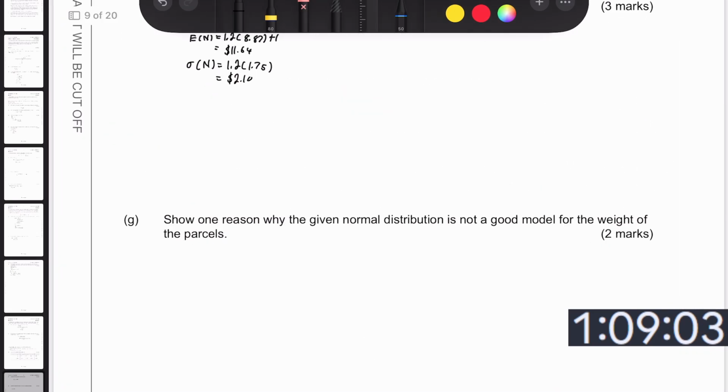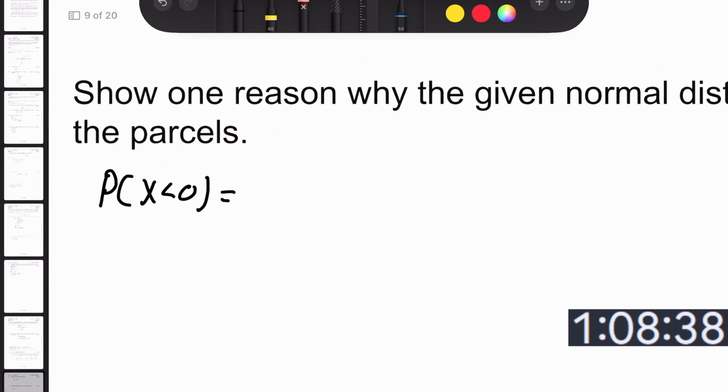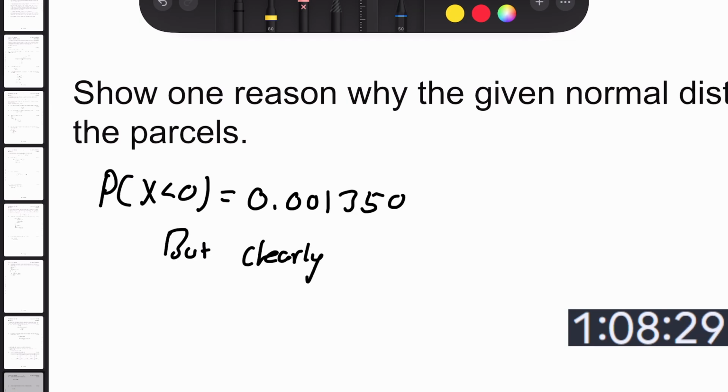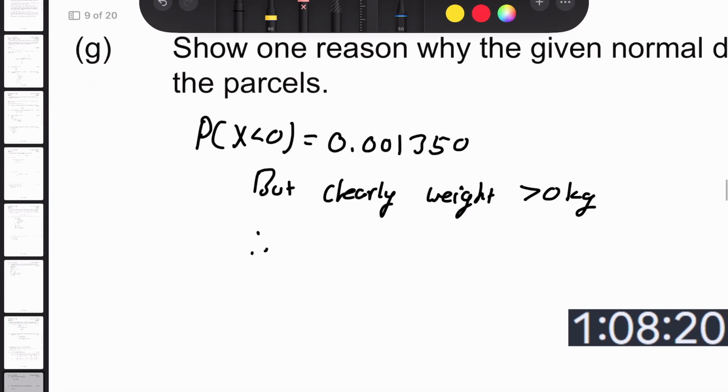So one reason is because the probability of x less than 0 is equal to, so let's say negative infinity to 0 of 1 of 3, 0.0013, but clearly weight has to be greater than 0 kilograms, therefore not a good model.